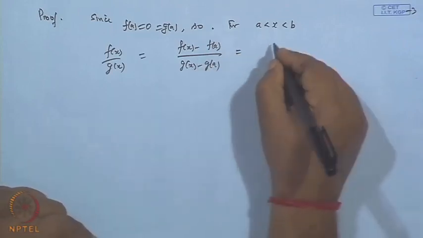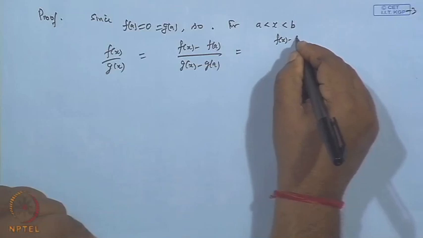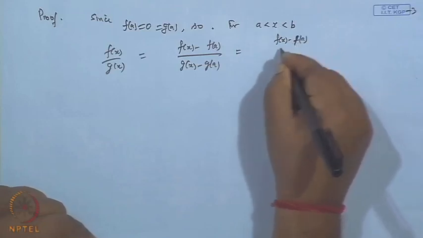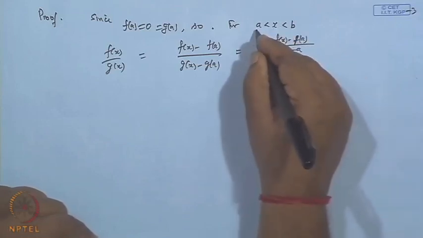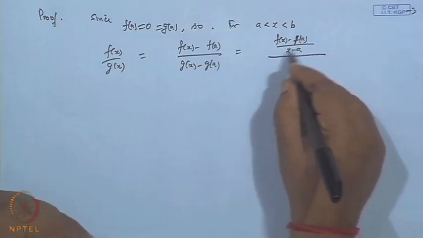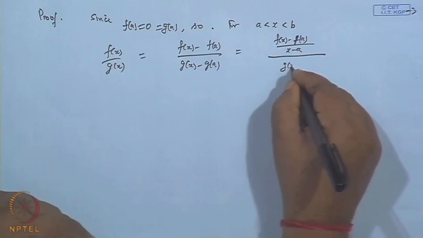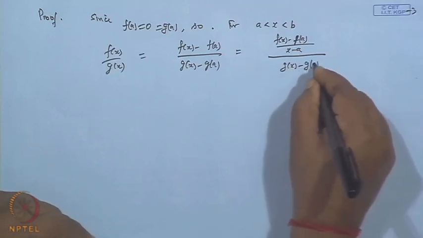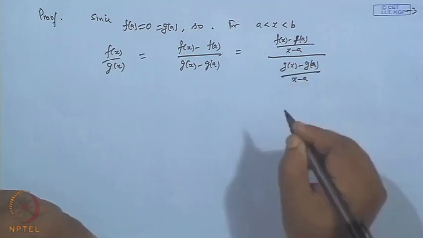And this can be written as f(x) minus f(a) divided by x minus a, because x is strictly greater than a, I am choosing. So, the denominator is non-zero, over g(x) minus g(a) divided by x minus a.